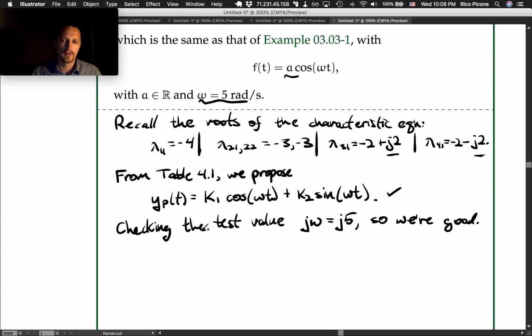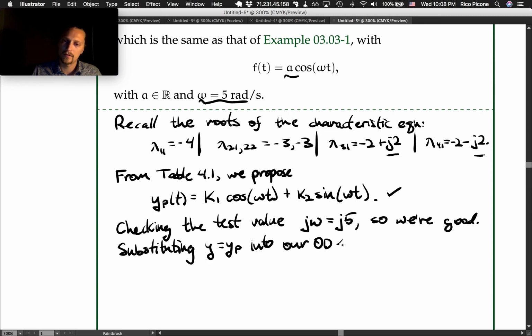So I'll say substituting, which is the fancier version of plugging into our ODE.